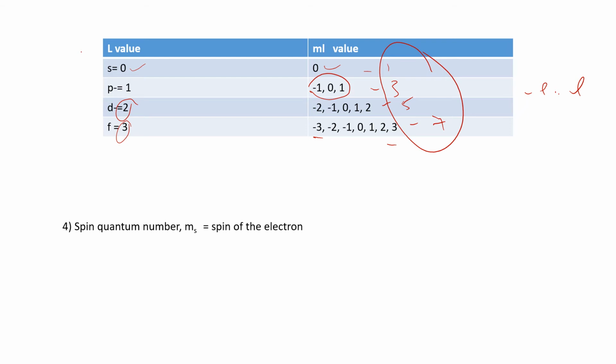The last one is the spin. So electrons can spin either counterclockwise or clockwise. That value is going to correspond to either plus or minus 1/2. So MS is pretty simple. The electron can either spin clockwise or counterclockwise, plus or minus 1/2 is the value that we get. One thing about it is that this is by Hund's rule.